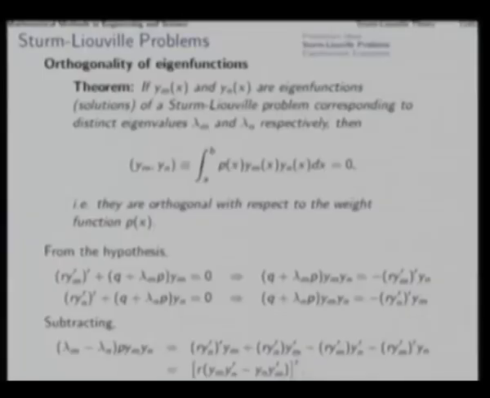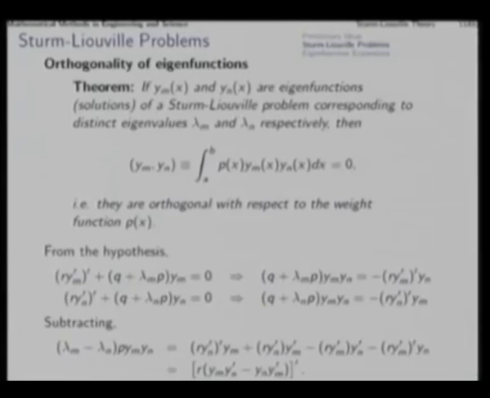You can extend this and also say that eigenvalues of a Sturm-Liouville problem are necessarily real, and the way you prove that is also similar to the algebraic eigenvalue problem. You assume a complex eigenvalue and then force the eigenfunction corresponding to that to satisfy the Sturm-Liouville problem, and then you can show that the imaginary part turns out to be 0, the way we found the corresponding result for symmetric matrices.